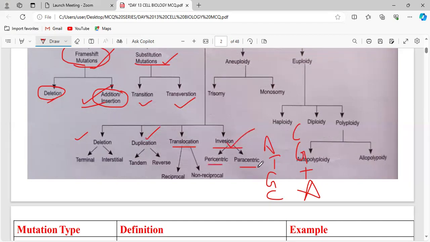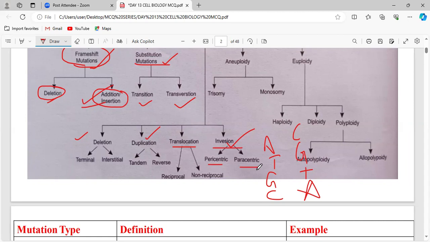Further, inversion is categorized into two types: pericentric and paracentric, depending on whether the centromere is involved or not.